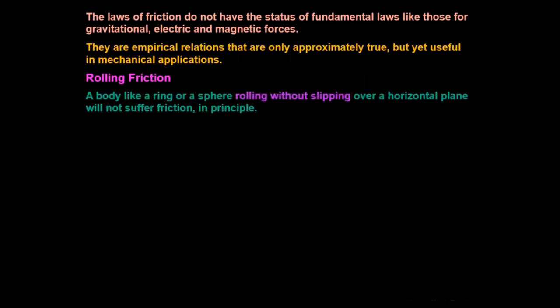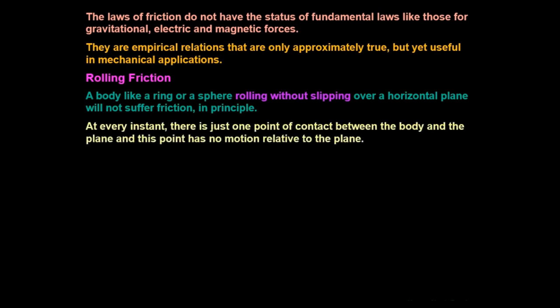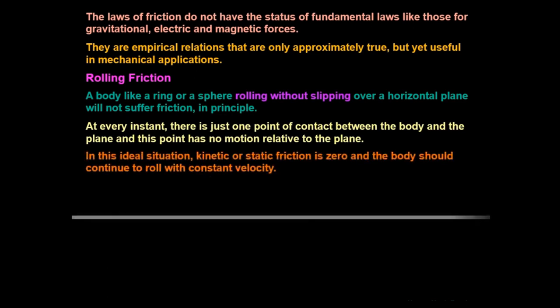Rolling friction is the friction between surfaces when the body is rolling. At every instant there is just one point of contact between the body and the plane, and this point has no motion relative to the plane.